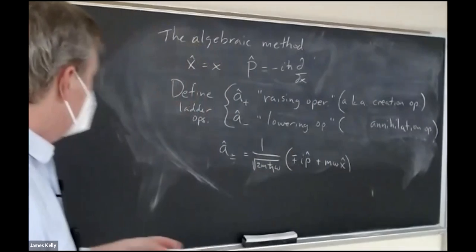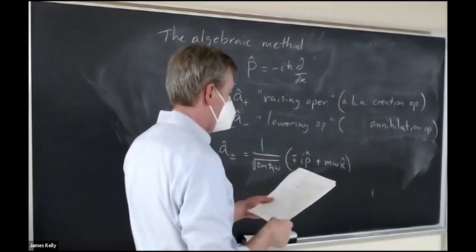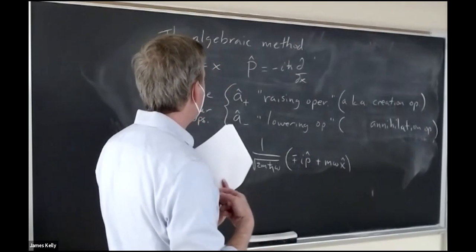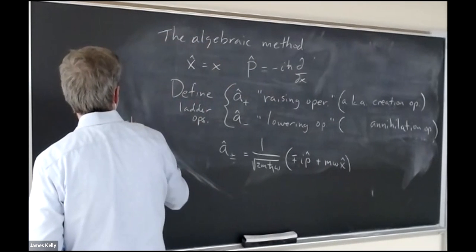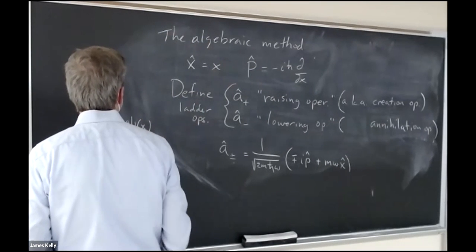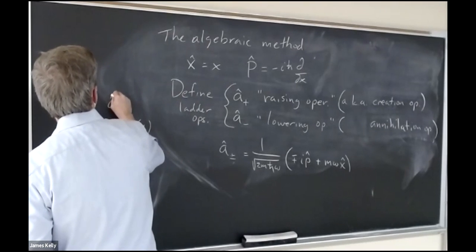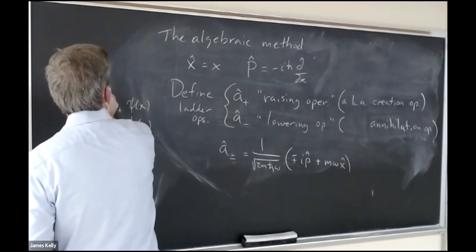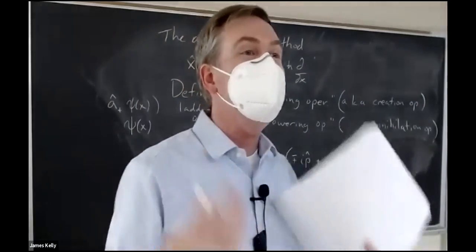Okay, and the goal, time's up, so all I can do is mention the goal. The goal is to show that if we have one solution, somehow I can come up with one solution, psi of x, then we'll be able to show that if you apply a plus to psi of x, this whole thing is another solution to the time-independent Schrodinger equation, and it's linearly independent.